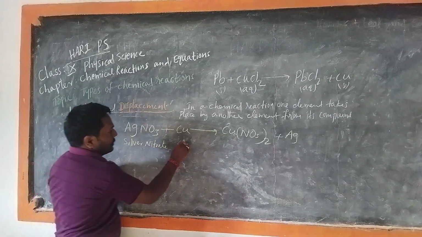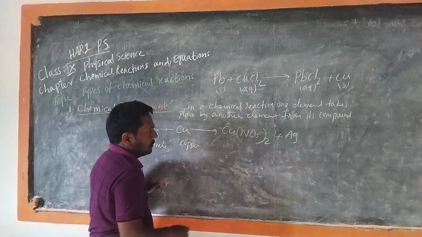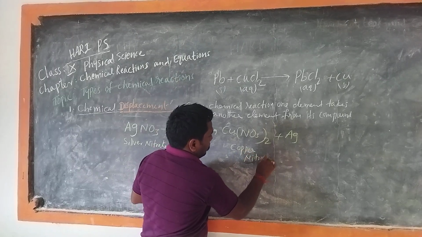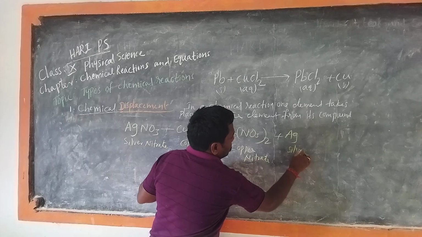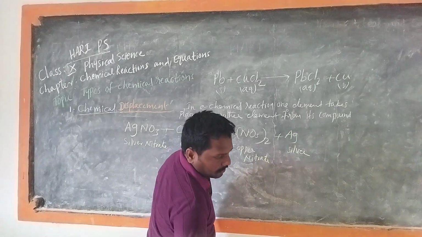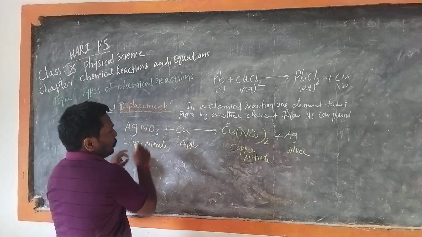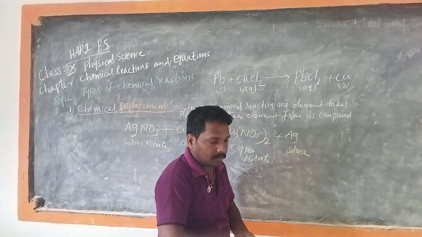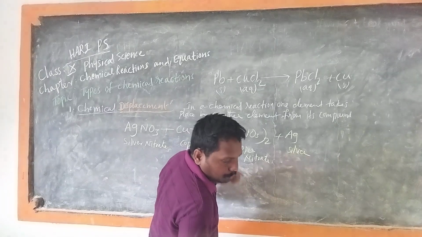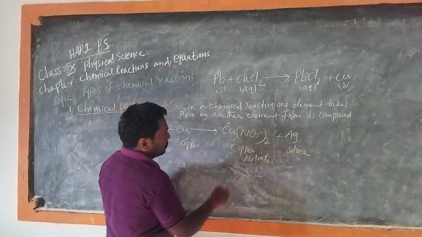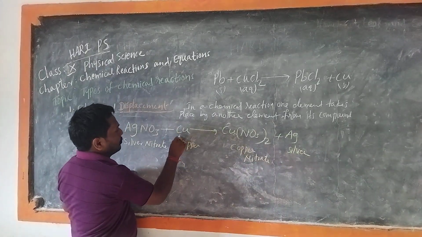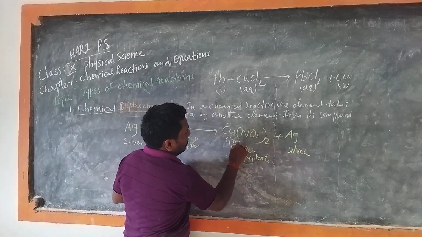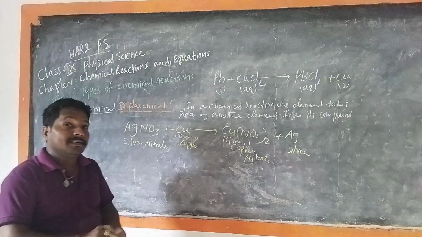This is copper nitrate, and this is silver. The silver nitrate is a colorless solution, and when we drop copper into it, we get a blue-green solution. Copper is already known to be reddish brown in color, so after it reacts there is a change in color to green.